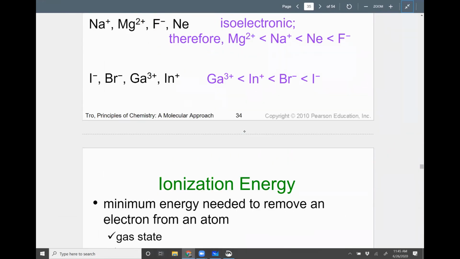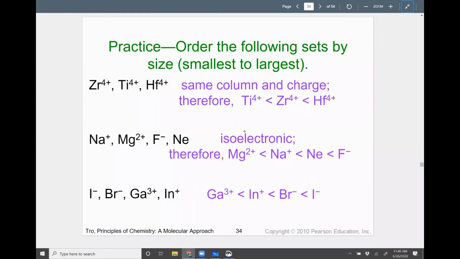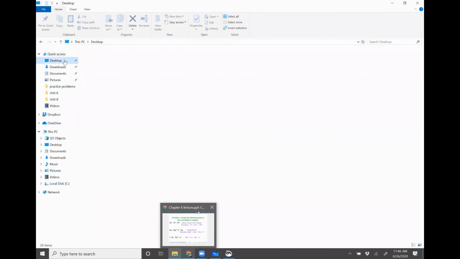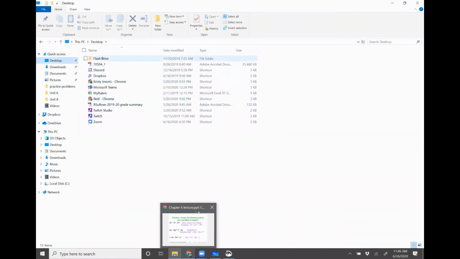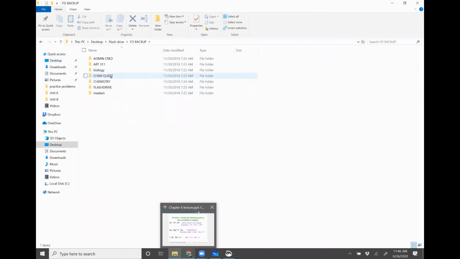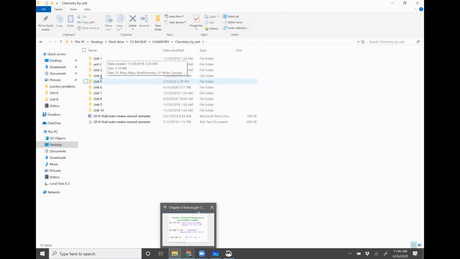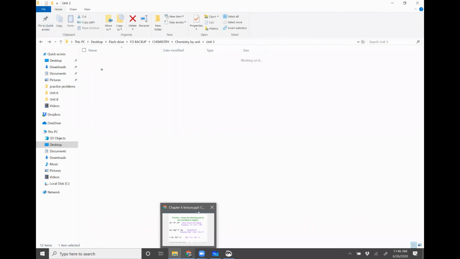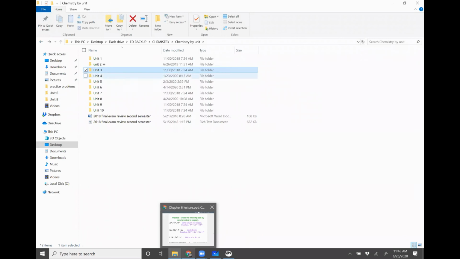So what this means is that when we look at the periodic table's overall trend, we're going to see that... I have a better picture. Hold on. All right, chemistry. This would be unit 4. Nope. Unit 2.